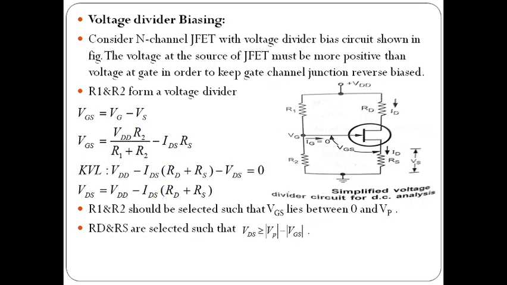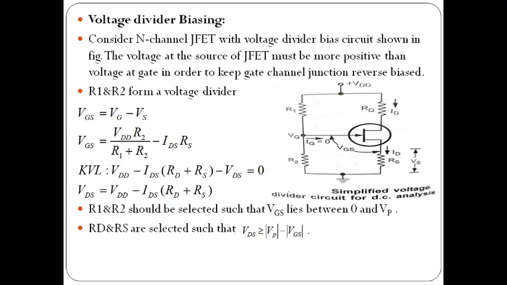Here the advantage and disadvantage are the same as self bias, because here also we are using the RS resistor. This source resistor provides negative feedback, which affects the voltage gain, so it decreases the voltage gain in the circuit.